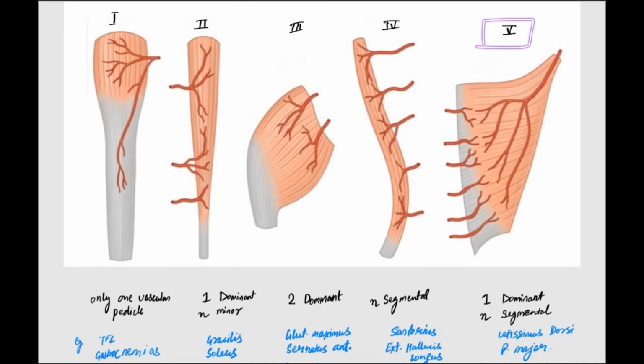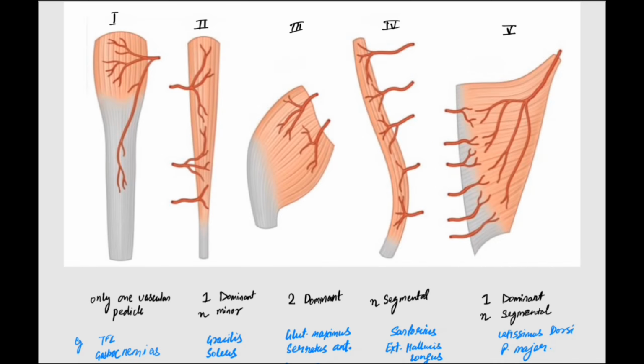In type 5, there is one dominant pedicle and multiple segmental pedicles. What is the difference between type 5 and type 2? In type 2, there were minor pedicles which cannot sustain the muscle, but here in type 5 they are segmental vessels, segmental pedicles which can sustain the muscle group.